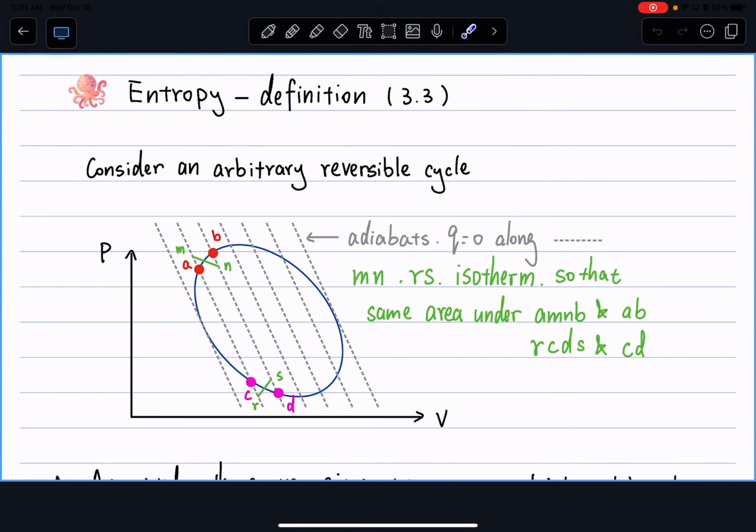Our first goal here is to link any arbitrary reversible cycle, the blue curve on that PV diagram, which shows a cyclic process, with the Carnot cycle. This is going to be a little bit abstract, more for your understanding.